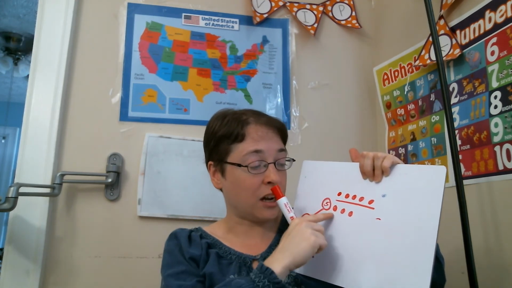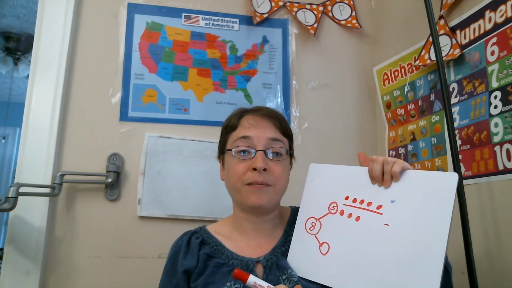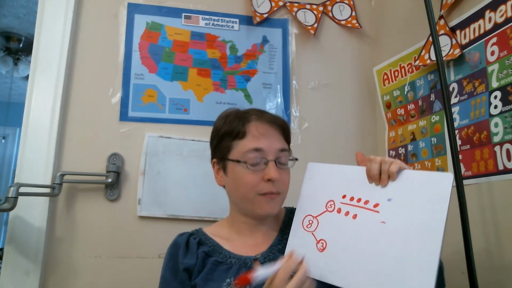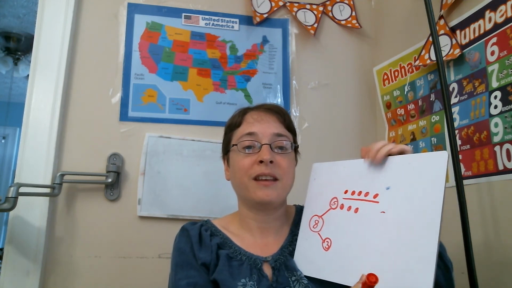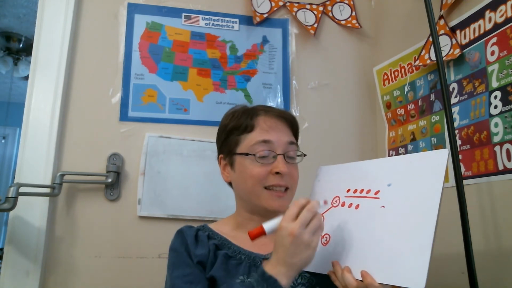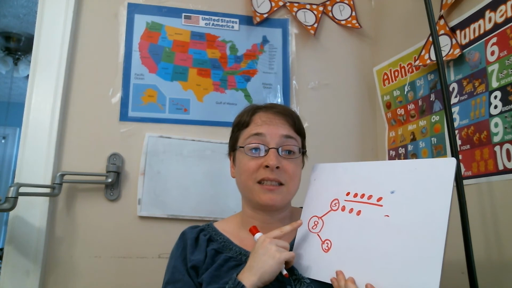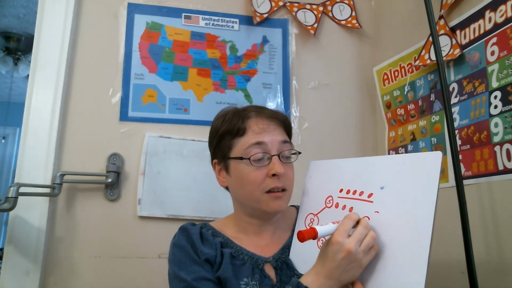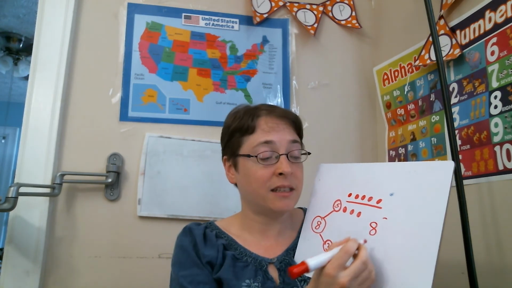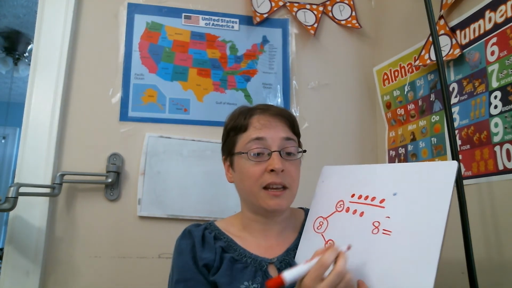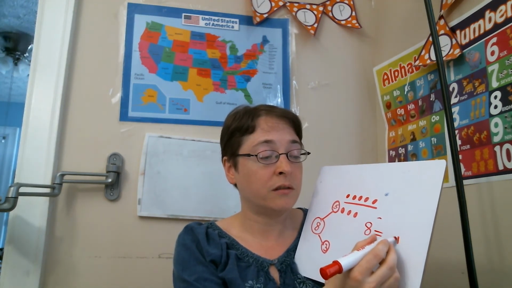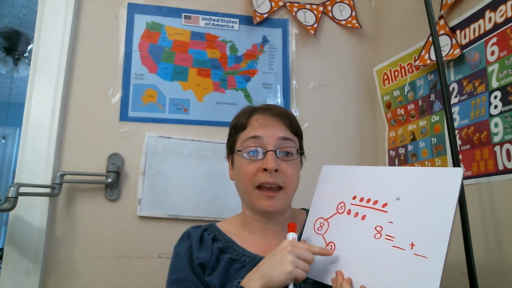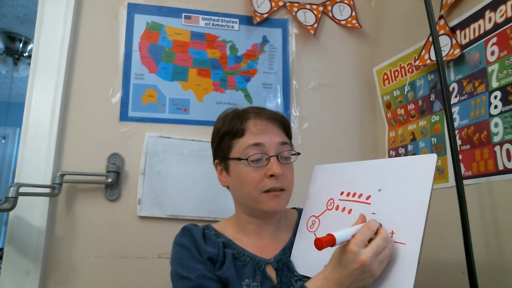And how many dots are on the bottom? 3. Very good. Now, let's make our number sentences. Can you start with the whole first? So 8 equals 5 and 3.